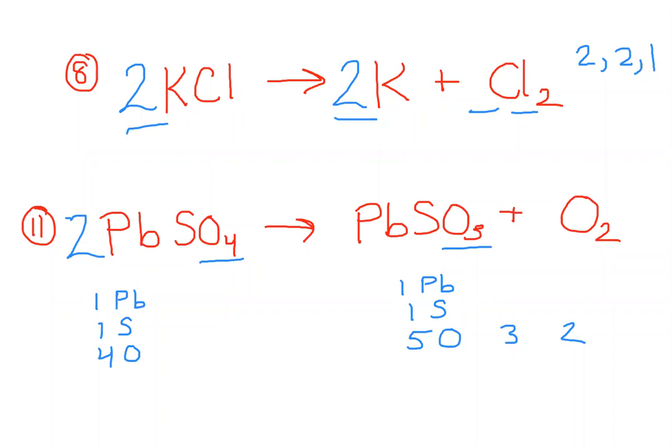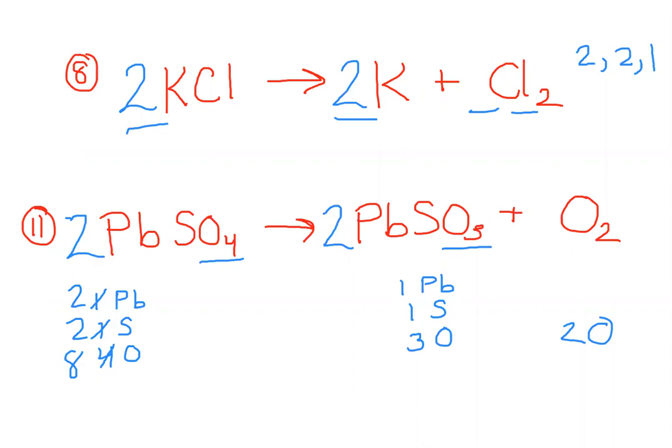That gives us 2 leads, so then we'll put a 2 here. So now we have 2 leads, 2 S, and 8 oxygen. And over here, I'm going to erase this and write it as 3 oxygen and 2 oxygen.